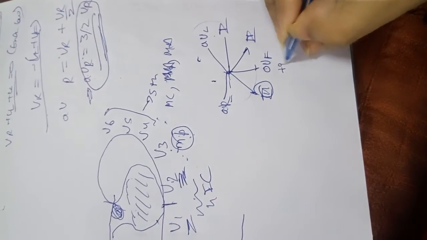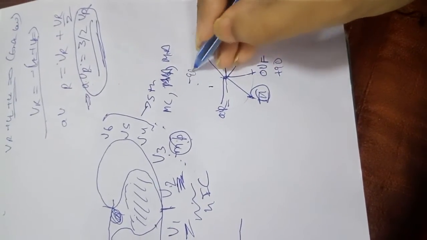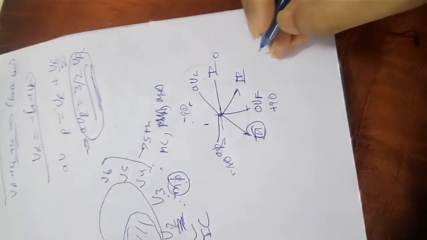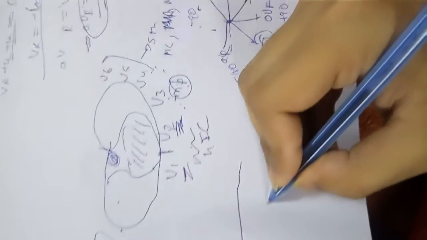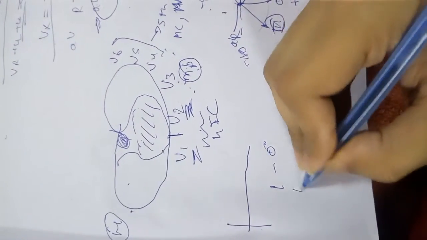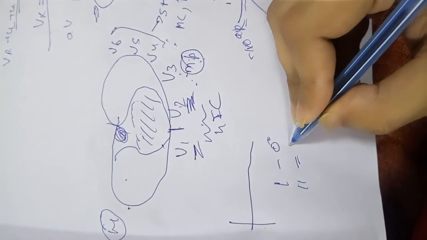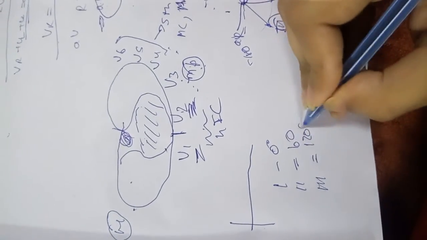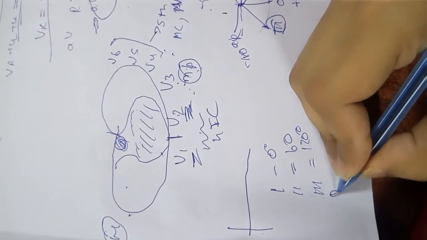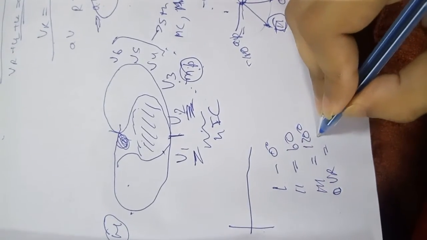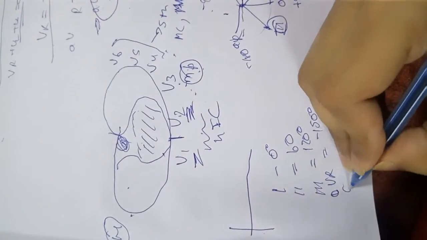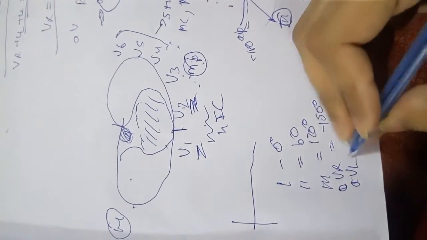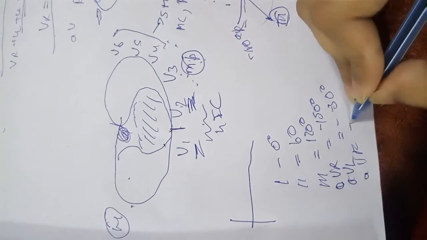This is plus 90, this is minus 90, minus 180, and this is 0. So lead 1 is at 0 degree, lead 2 is at 60 degree, lead 3 is at 120 degree, AVR is at minus 150 degree, AVL is at minus 30 degree, and AVF is at plus 90 degree.